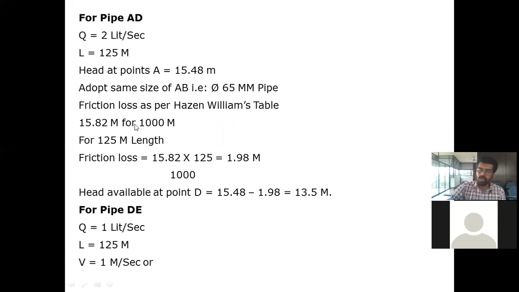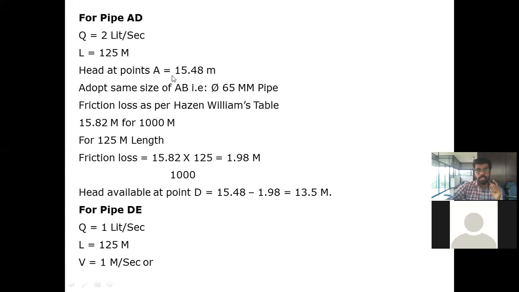Then go to the Hazen-Williams table, the same step. Find out the frictional loss. So frictional loss we already found out, it is 15.82 for 1000 meter. So for 125 meter length, what will be the frictional loss? 15.82 into 125 divided by 1000. You will be getting almost 1.98. So the head available at point D will be how much?